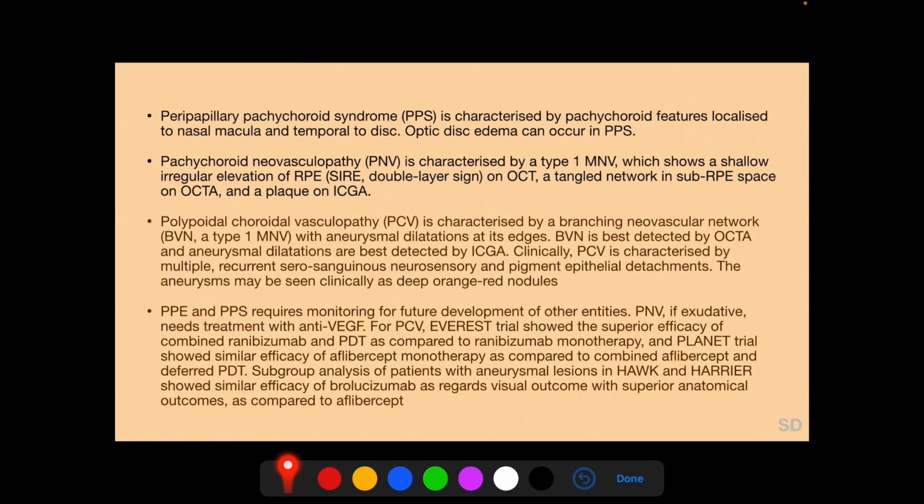Subgroup analysis of patients with aneurysmal lesions in HAWK and HARRIER trials showed similar efficacy of brolucizumab as compared to aflibercept as regards visual outcome, with superior anatomical outcomes with brolucizumab in polypoidal choroidal vasculopathy.